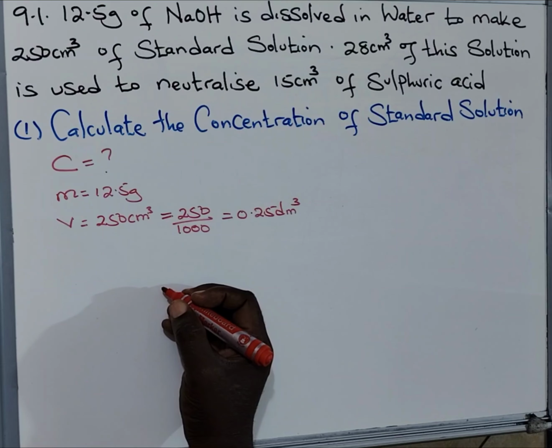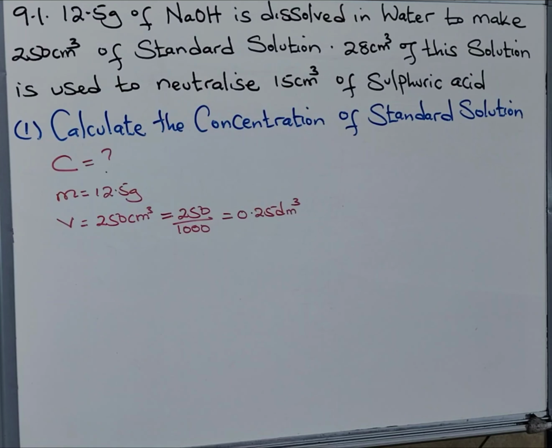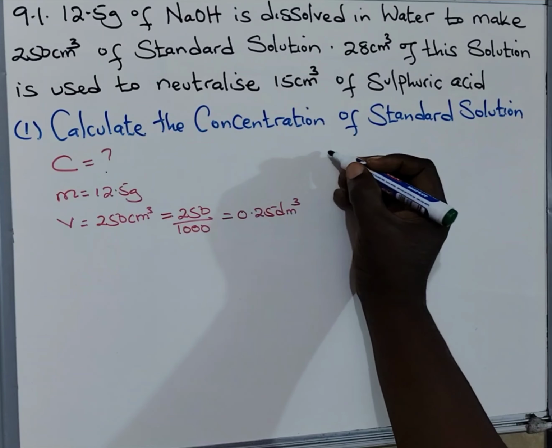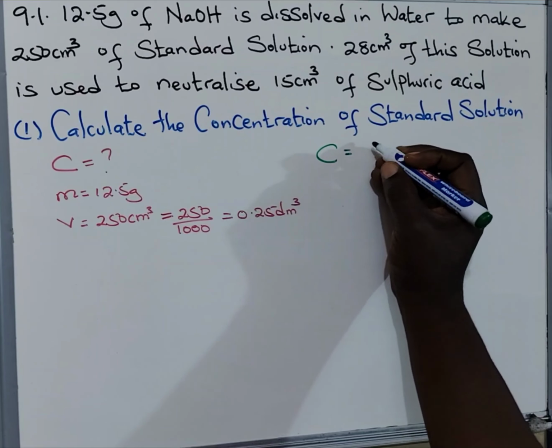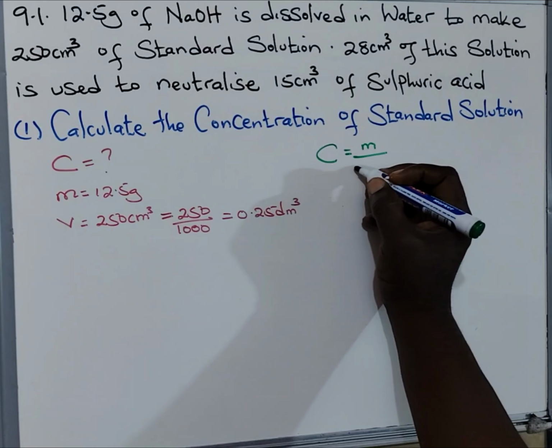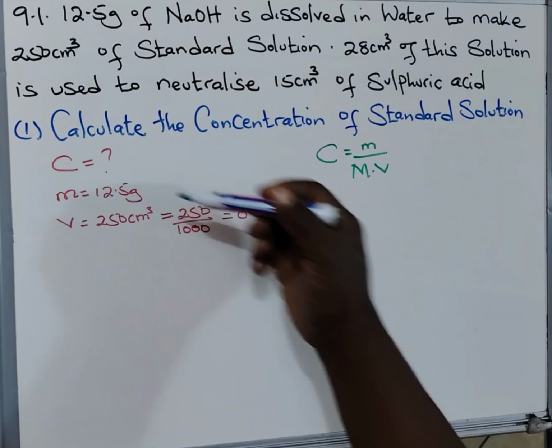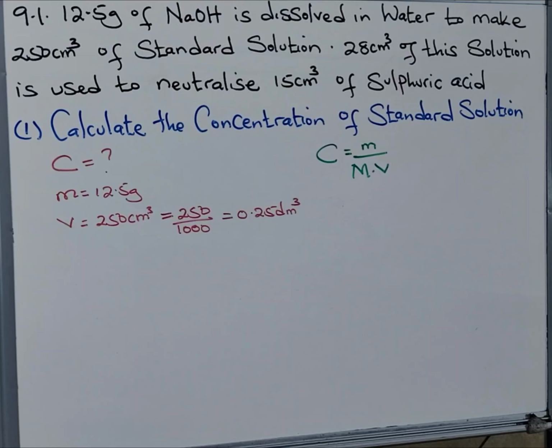Okay, so that is the thing. Then we come to the formula. What's the formula? The formula involving mass is C equals mass over molar mass times V. So when you look at this data, we are missing something.